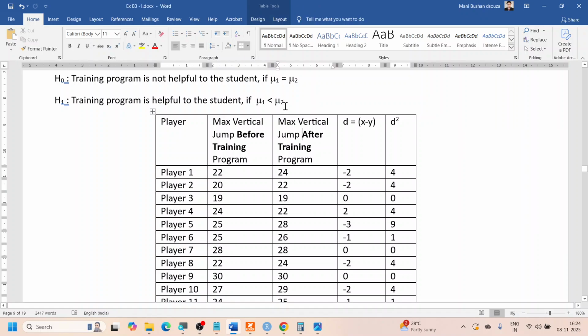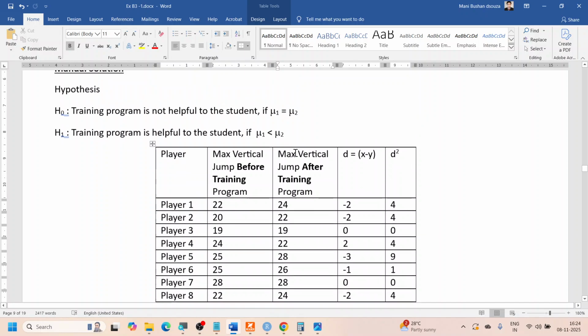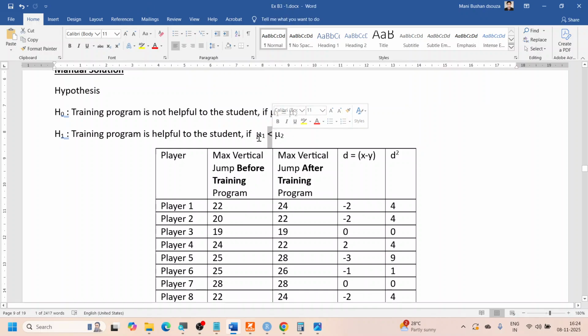That means after training the mean value has increased. So this is what we are supposed to do. Now you notice here that we have the less than sign. That means we are going to get a one-sided tail, a left-hand side tail, or a negative value. It's going to come on the left-hand side.